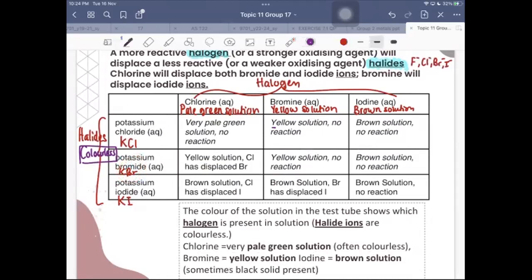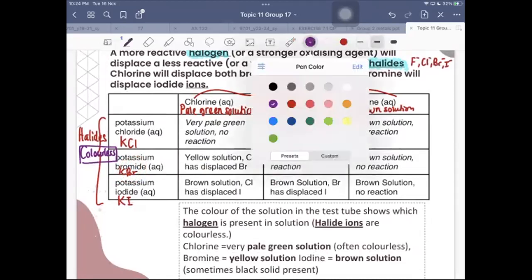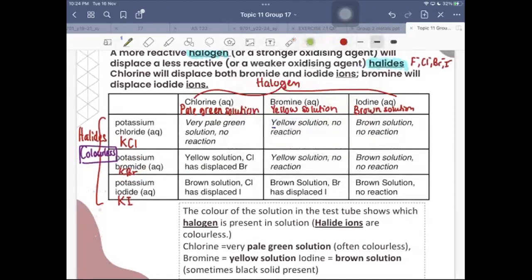Okay, so bromine has been formed here. That's why you see a yellow solution. Okay, so that yellow solution is due to the formation of aqueous bromine. The reason for this is the chlorine has displaced the Br minus.